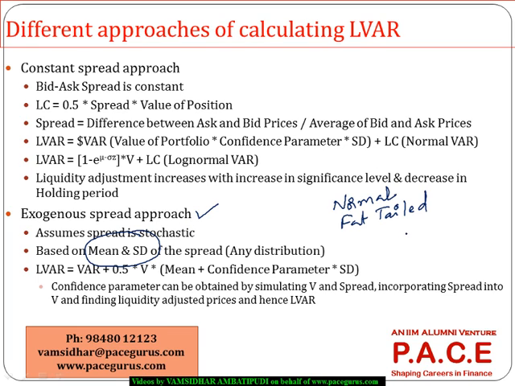Here two different things come. The mean and standard deviation exist for the underlying asset, and the mean and standard deviation are also associated with the spread, because in our earlier approach we took the spread as constant. Here the spread is not constant.